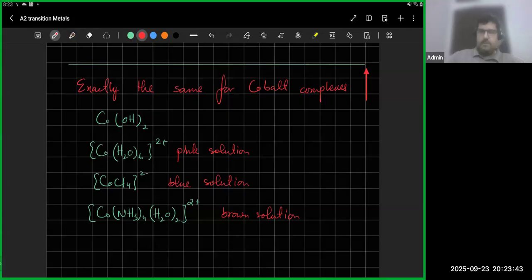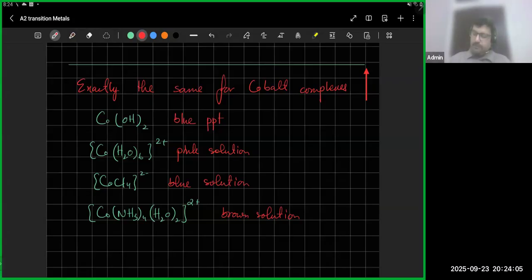It's blue, the recent one is blue. It used to be greenish blue, but now it's a blue precipitate. Okay, the other ones are all solutions. The first one, that's blue.